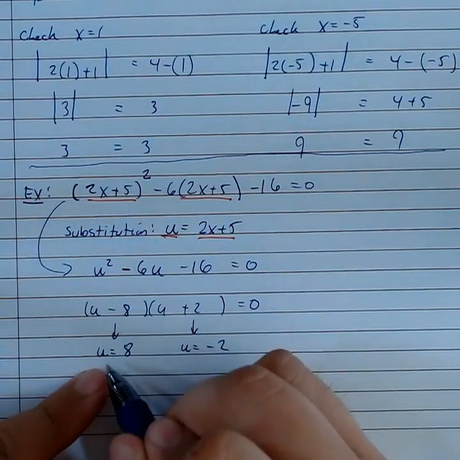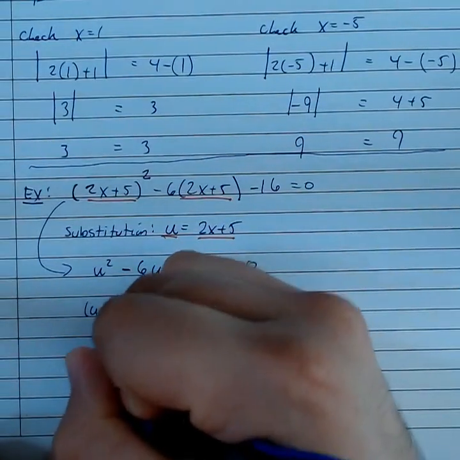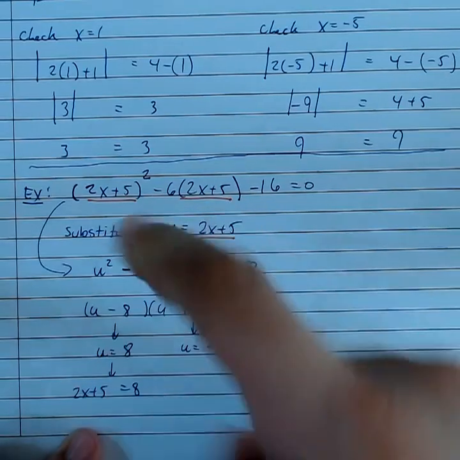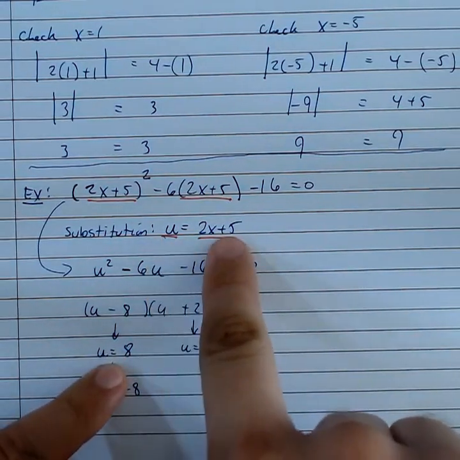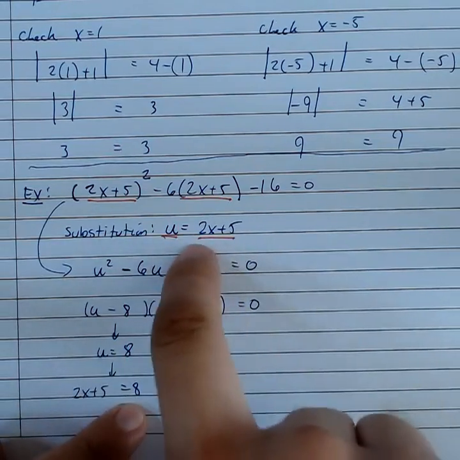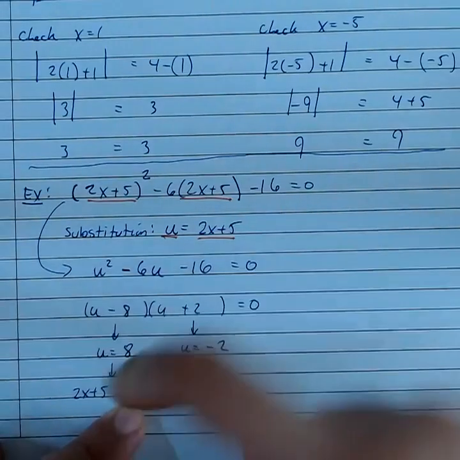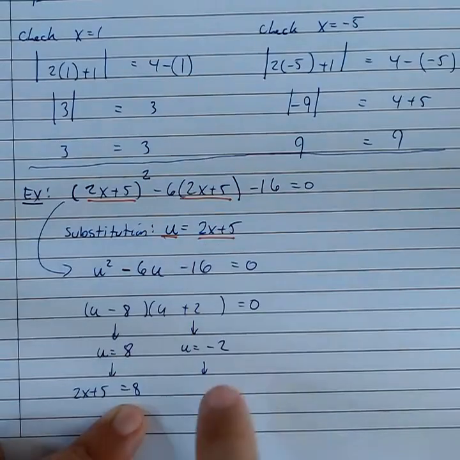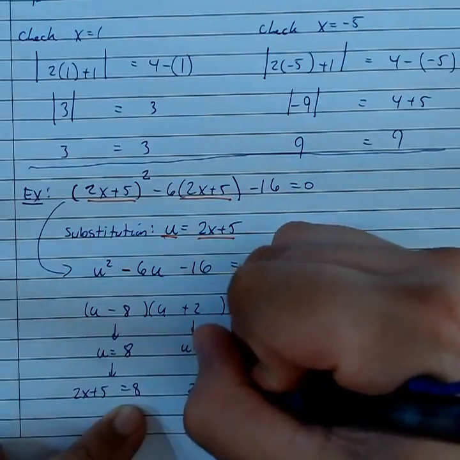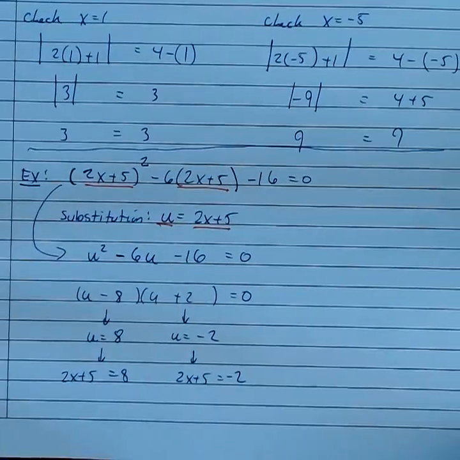So right here, if I say u is equal to 8, what that really means is 2x plus 5 is equal to 8, since u and 2x plus 5 are the same thing. Likewise, if I say u is equal to negative 2, that's the same as saying 2x plus 5 is equal to negative 2. And now I can solve each of those for x.